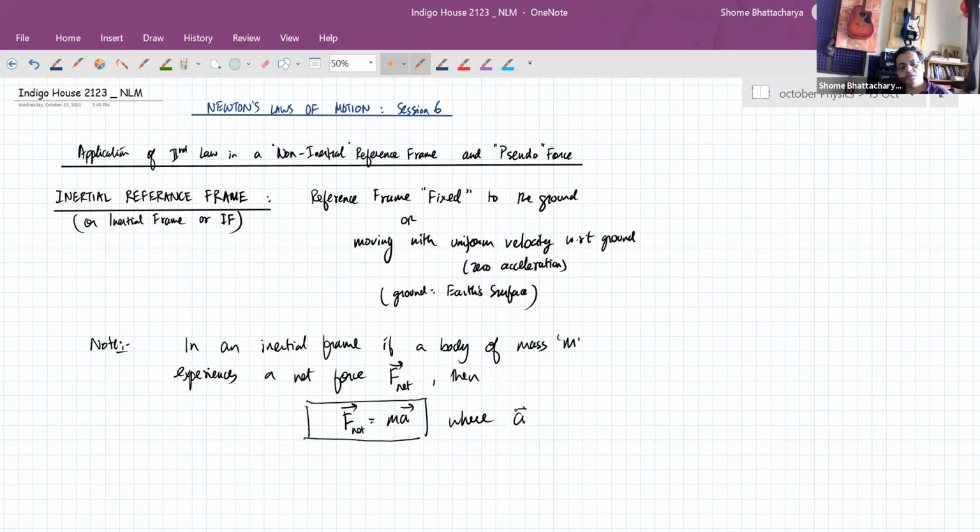Where a is the acceleration of the body with respect to the inertial frame.